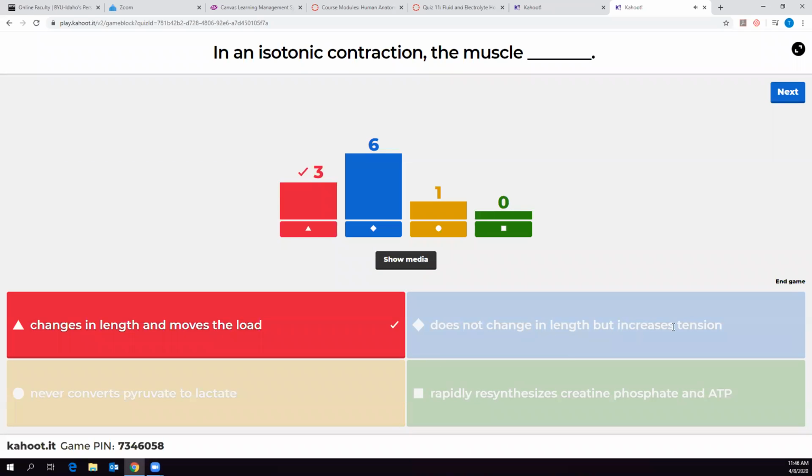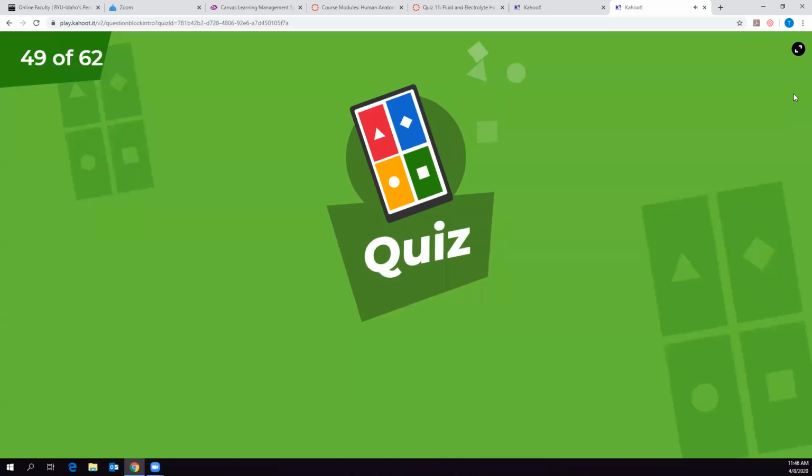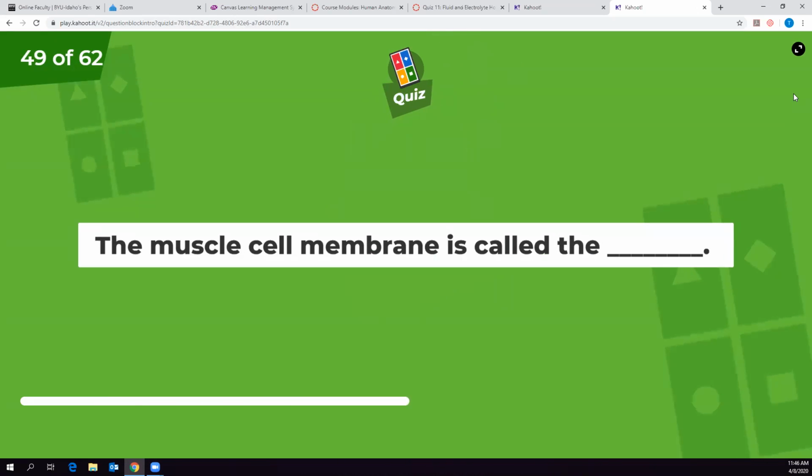This is isometric. So the blue one is isometric. Isotonic means you're going to shorten the muscle and move the load. So we get movement in an isotonic contraction. We don't get movement in an isometric contraction. So make sure you know the difference between those two. All right. Okay, what is the muscle cell membrane called?